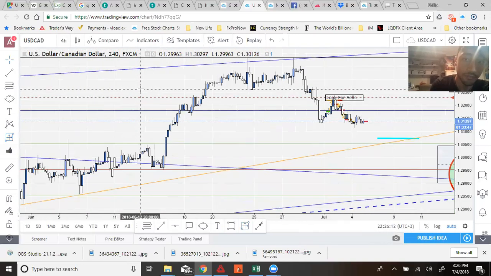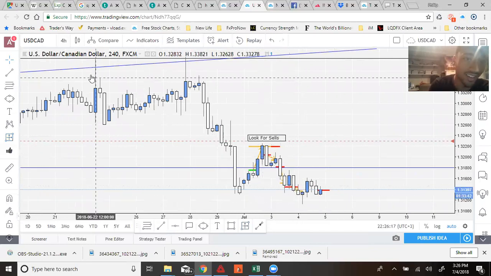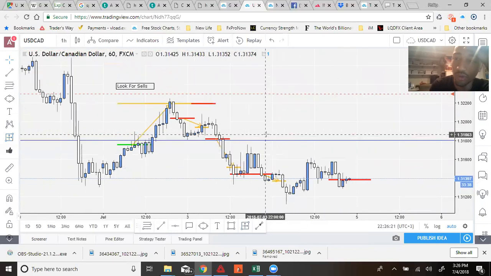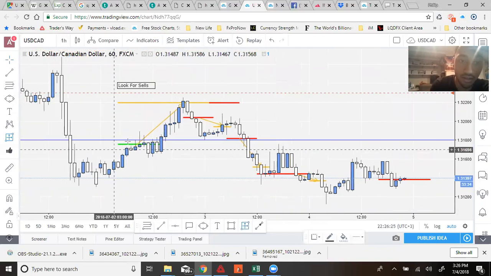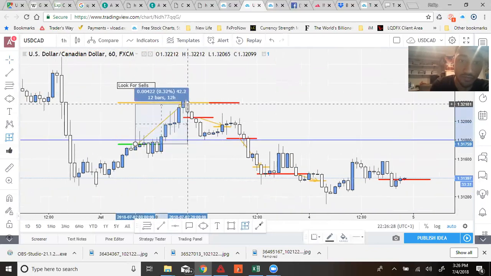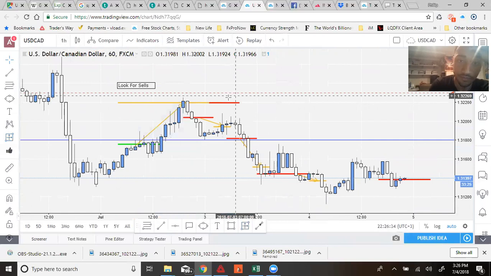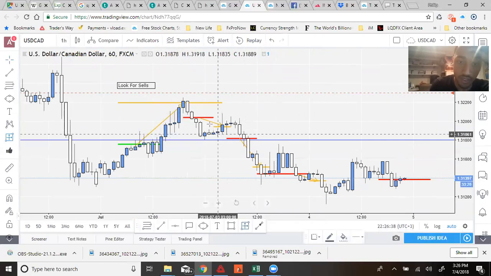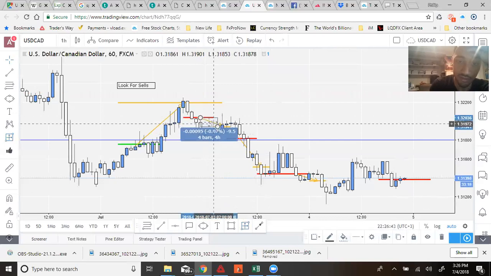If anything, I was in and out here, which was not freaking cool. But I really just didn't know what was happening at that point in time. So I caught pips going up. I caught 44 pips going up, and then I got in on a sell. Pips going this way. I got 10 here.